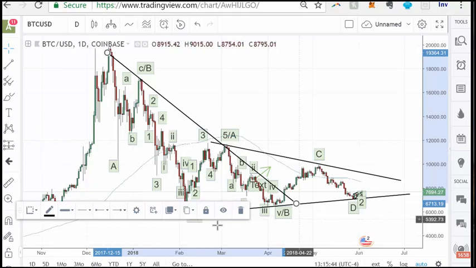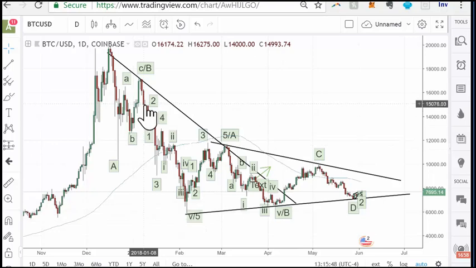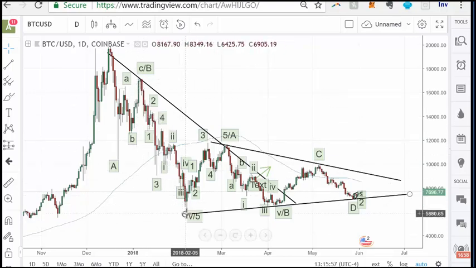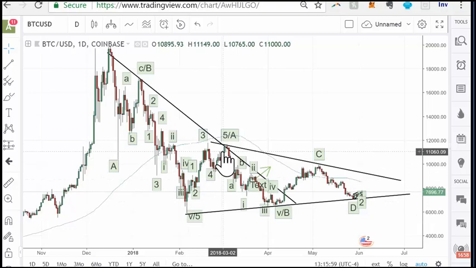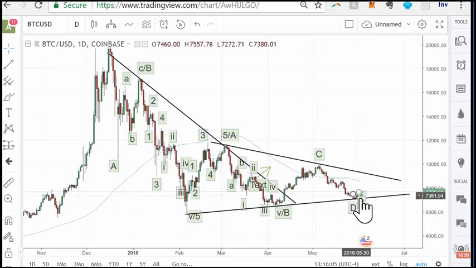I also think it's really interesting to note that Bitcoin has followed a month-to-month momentum swing. In January of 2018, it was mostly down. In February, it was mostly up. In March, mostly down. In April, mostly up. And in May, mostly down.